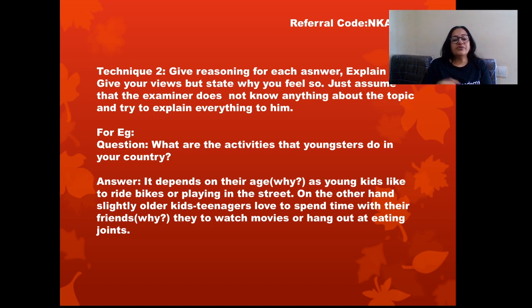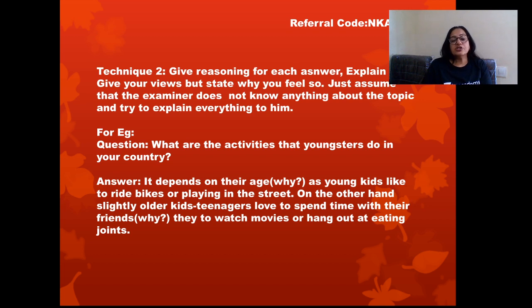But when you give the answer, it depends on their age. Why? Why means how it depends on their age. As young kids like to ride bikes or play in the street. On the other hand, slightly older kids like teenagers love to spend time with their friends. Again, we have to give the reason why they like to spend time with their friends.